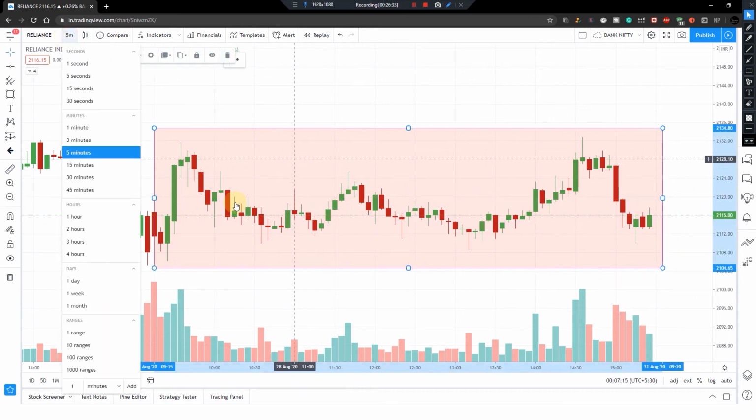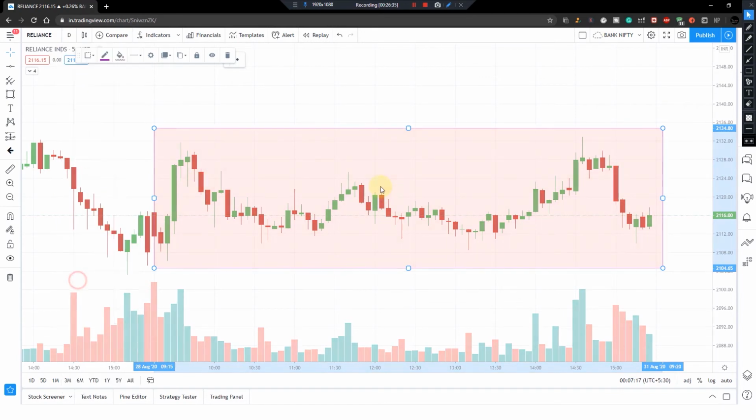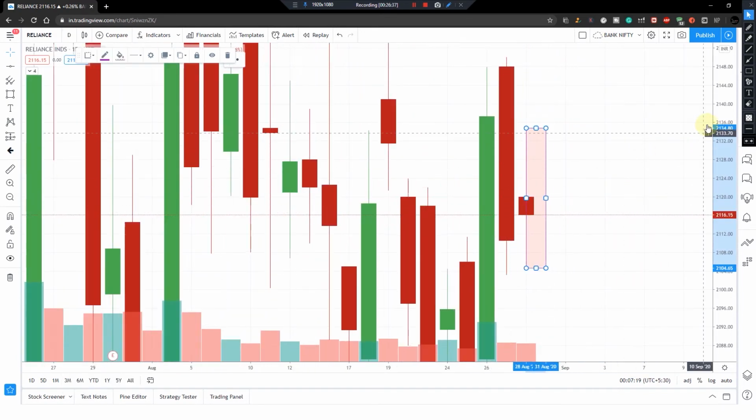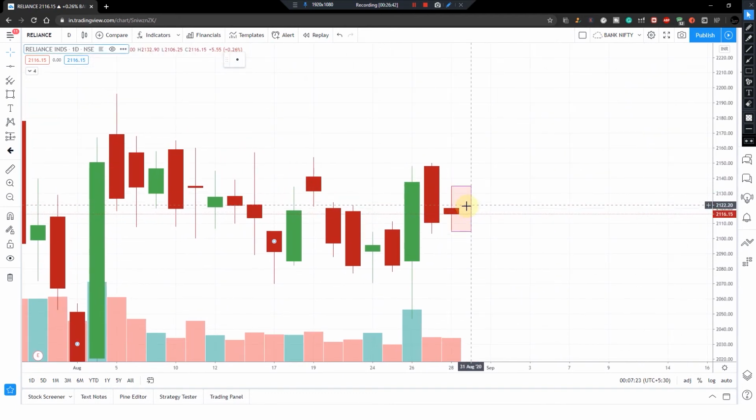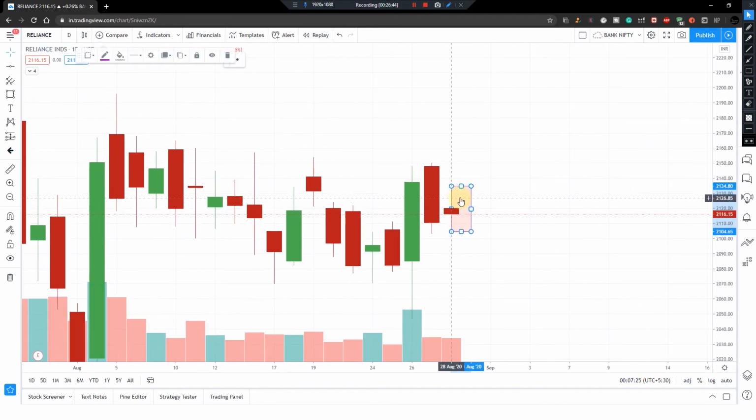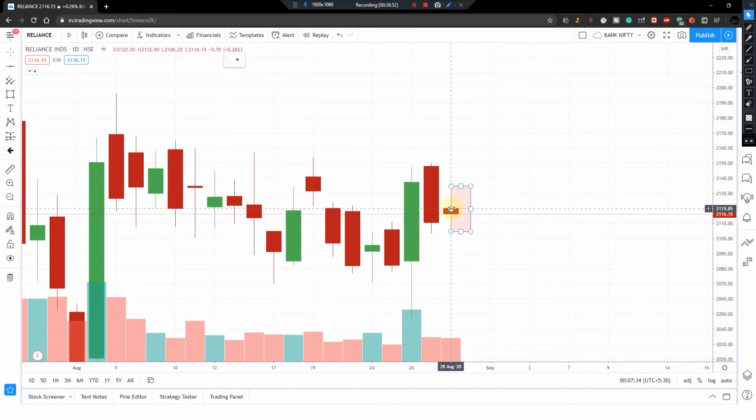If you see the combination of all these small candles in one day, it led to a red candle for the whole day. For that particular day, the 28th, this was the candle. This one day candle was represented in multiple candles in 5 minutes.